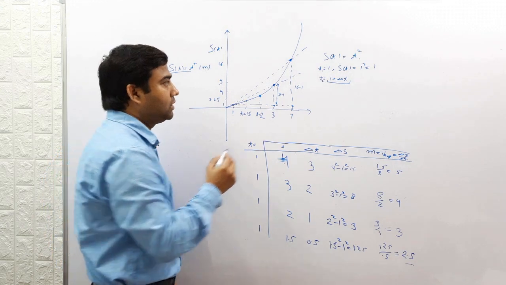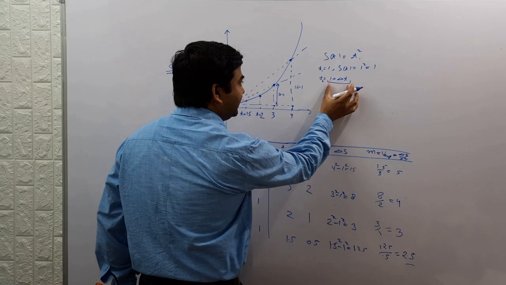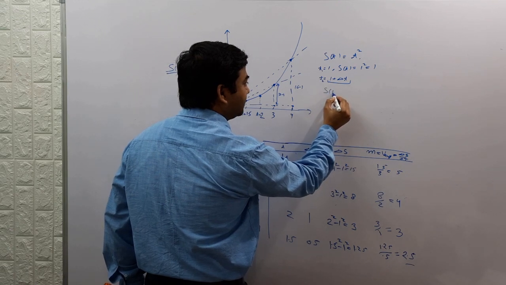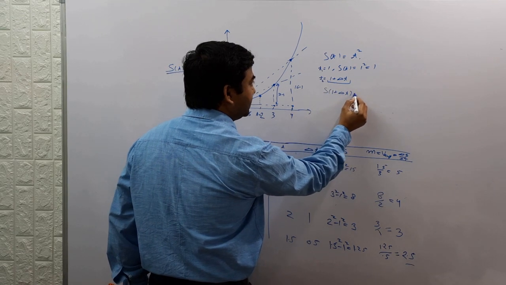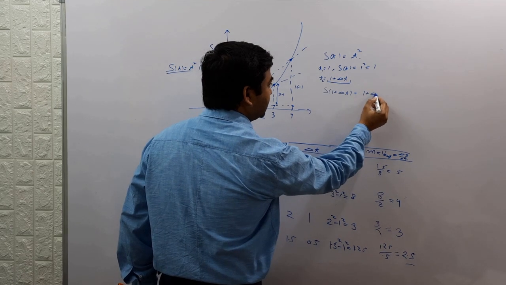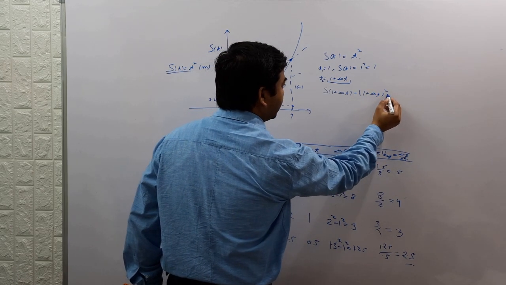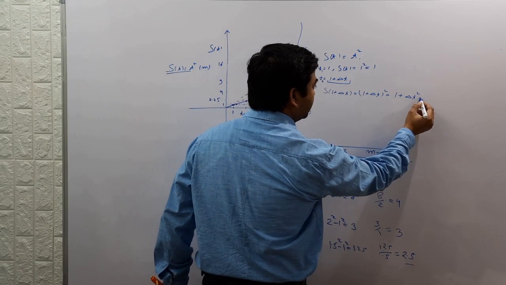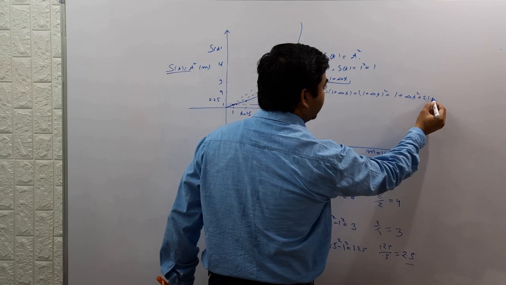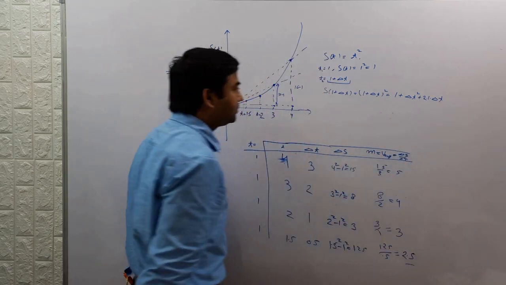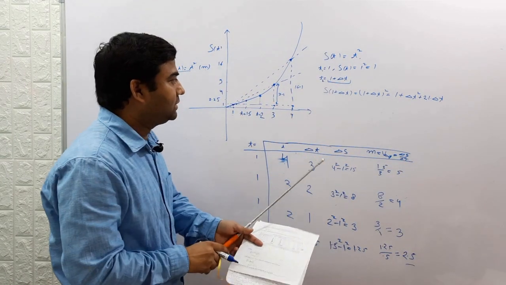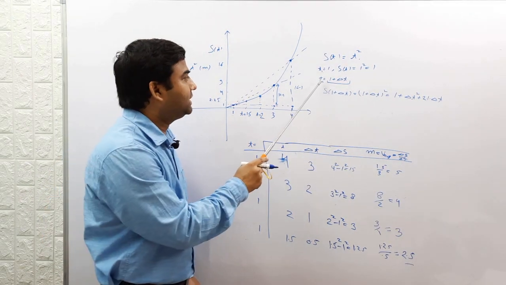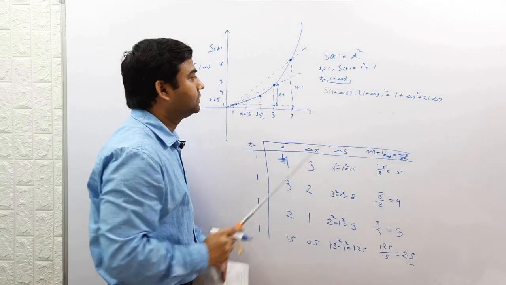So now at T2 is equal to 1 plus delta t, displacement will be s(1 plus delta t) is equal to 1 plus delta t square, which is 1 plus delta t square plus 2 into 1 into delta t. That is displacement at 1 plus delta t time. Displacement at time t equal to 1 is 1.